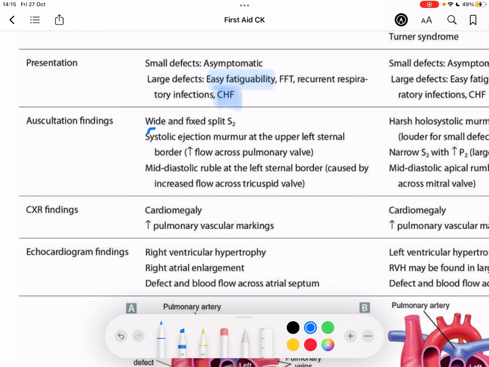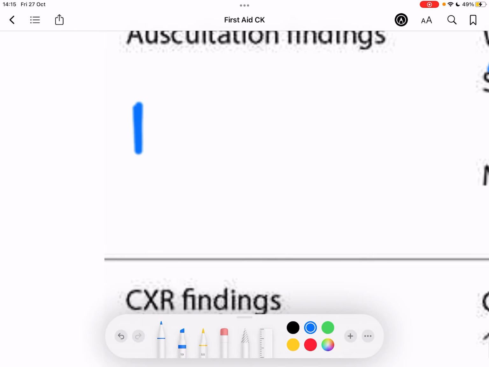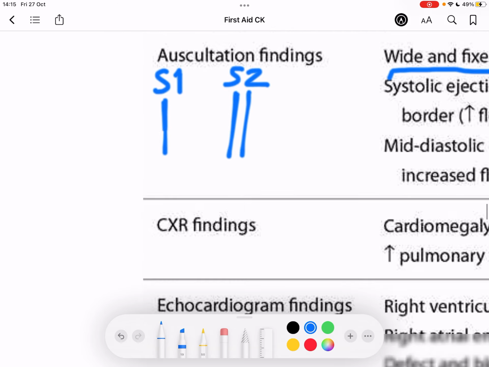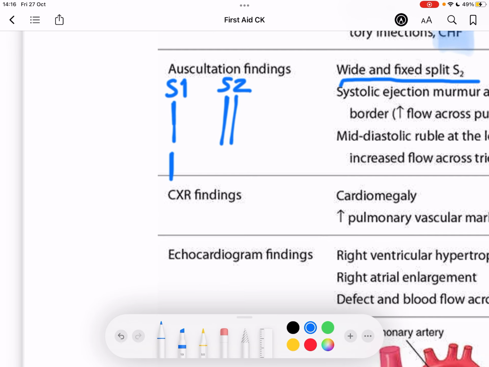We get the wide and fixed split S2, so that means we have an S1 and an S2. Naturally, our S2 is split because the aortic valve closes a little bit before the pulmonary valve. And what happens here is that the S1 is normal, but the S2 is widened.